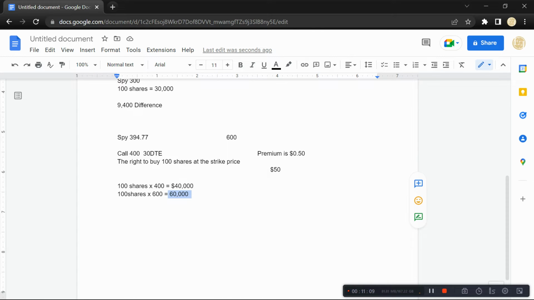Insane. And that's basically how contracts work. So even though the stock is worth $600, I can buy 100 shares at $400. And I can sell that if I want and pocket a $20,000 difference. And all I had to do was pay $50 for it. Now, obviously, these prices aren't real. These aren't realistic moves, right?